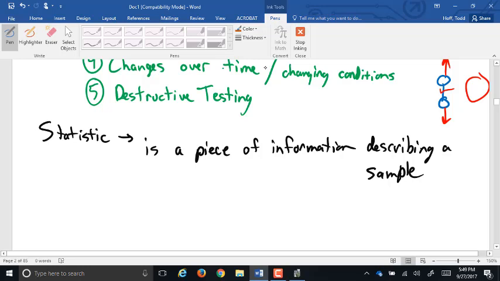So let's say we took a sample, with sample size, the letter we use to represent sample size being the small letter n. So you took a sample size of 300 voters. That's a statistic that describes our sample.